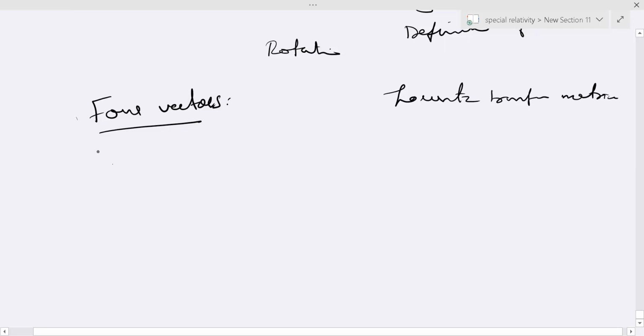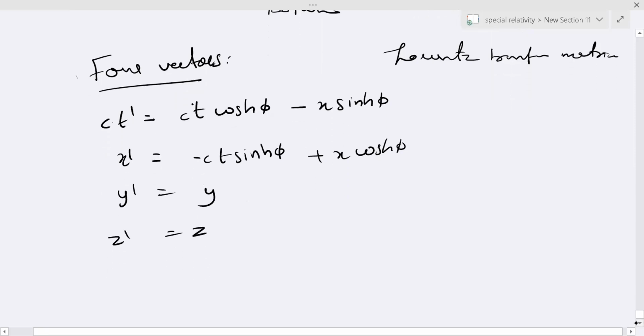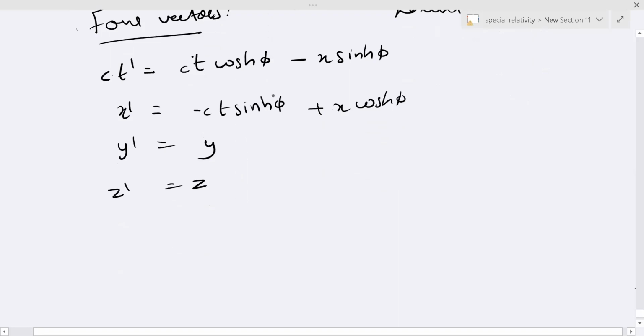We have seen that ct prime is equal to ct cosh phi minus x sinh phi, and x prime is equal to minus ct sinh phi plus x cosh phi. Again, we can write y prime is equal to y and z prime is equal to z. Again we will write it as a matrix. We don't want the details of the matrix, but we know that this can be written as a matrix.